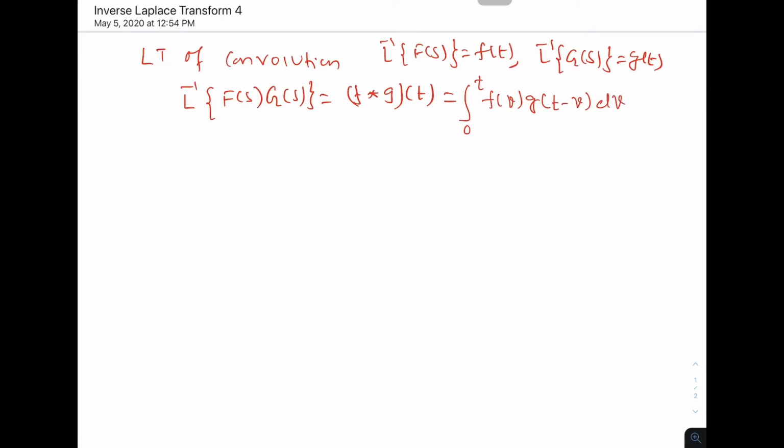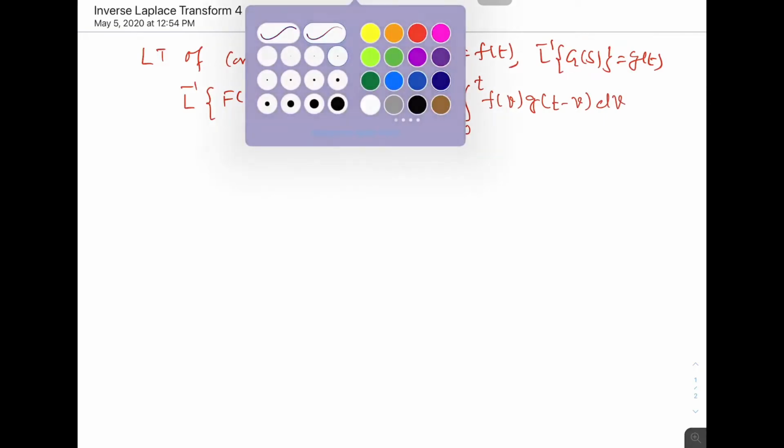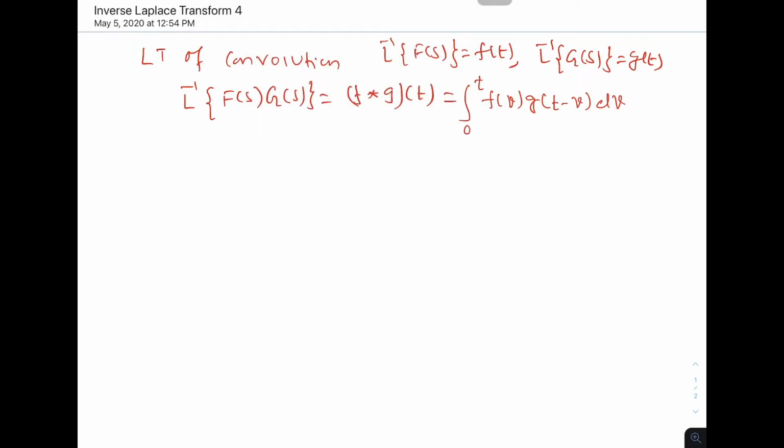Okay, we have solved one example. Now let us solve two or three more examples. Let us take one example to find the inverse Laplace transform of 1 over (s square plus 4) whole square. Whenever functions like this, or some product of functions like this, are there, you should understand that you need to use the convolution theorem.